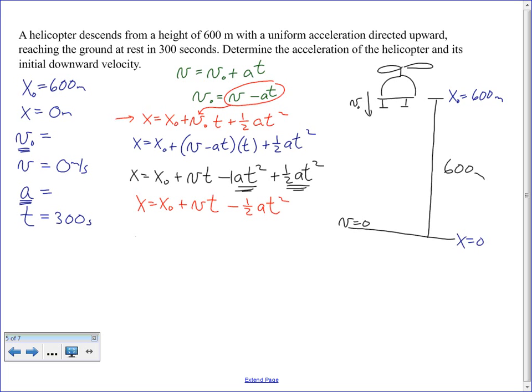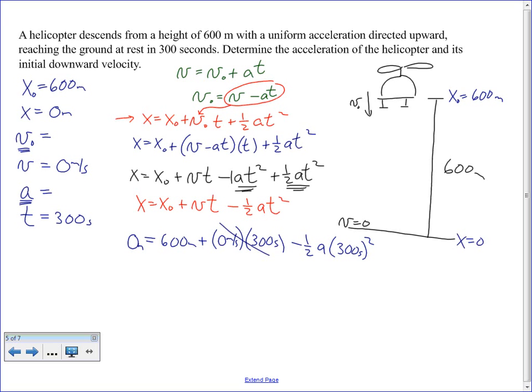And so then I would go through and I could plug in the different values. I have 0 meters equals 600 meters plus the final velocity of 0 meters per second times 300 seconds minus 1/2 a times 300 seconds, quantity squared.